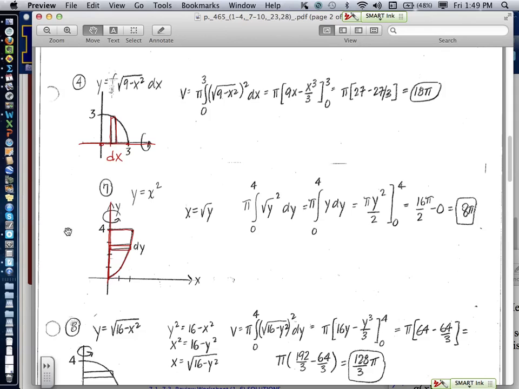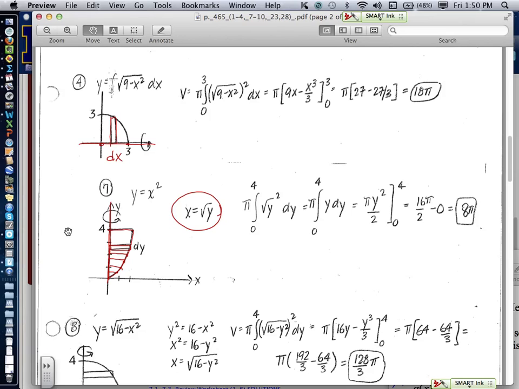So we have pi times the radius of this figure, depending on where you are, here or here. There's a radius, there's a radius. The radius is always whatever the x-coordinate is, and the x-coordinate is square root y. You have to write x as a function of y, because everything in your integral has to be in terms of y.